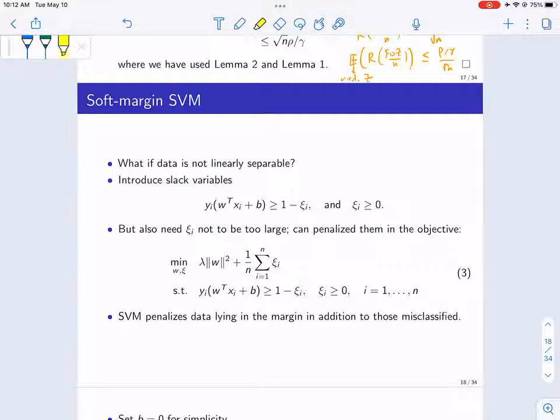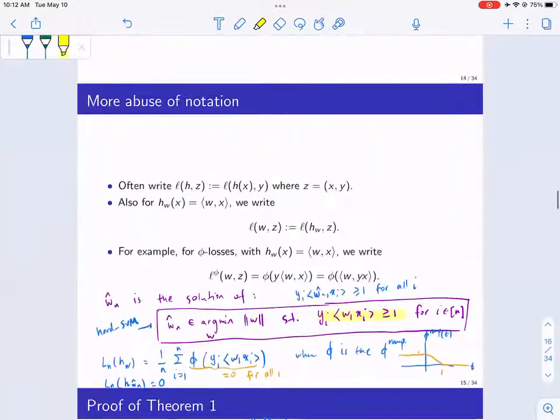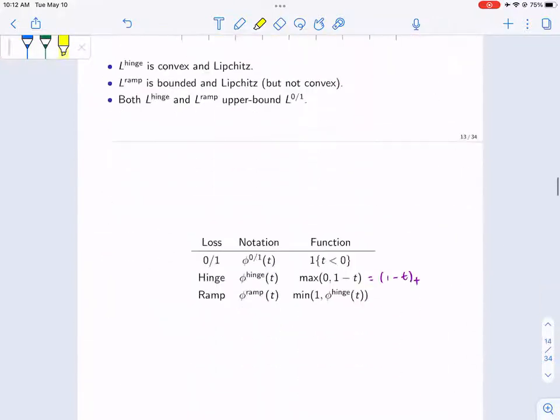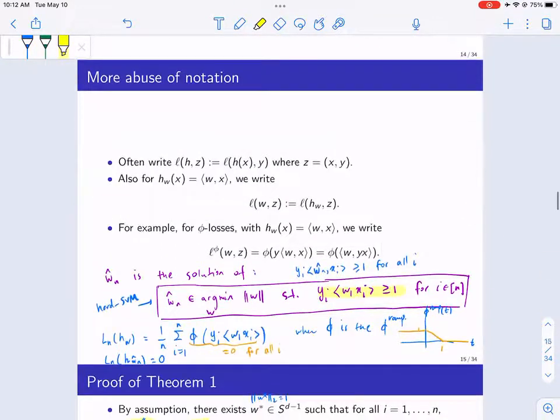But you don't want to necessarily assume that in case things are not separable. So what happens if I try to solve this hard SVM and things are not separable? Yeah, so the feasible region would be empty. So this doesn't even degrade gracefully. So you want something that at least gives you something, right?